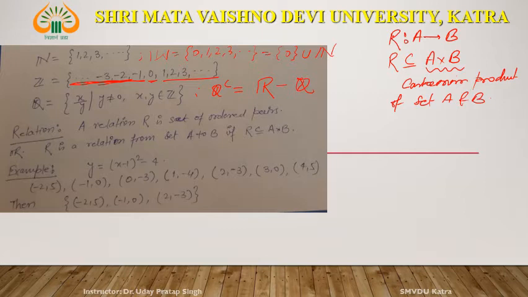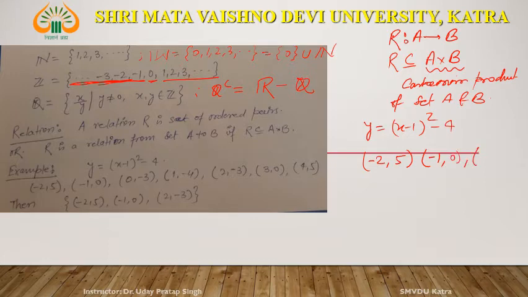Let us consider one example for the relation. Let y is equal to (x minus 1) square minus 4. Now, if I put x equal to minus 2, then y is 5. Right? If I put x is equal to minus 1, then y is equal to 0.